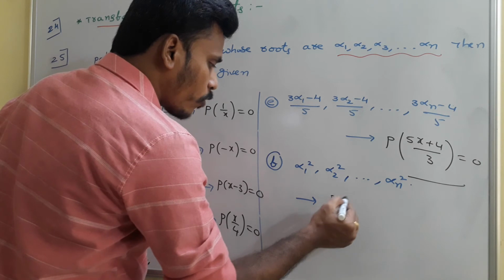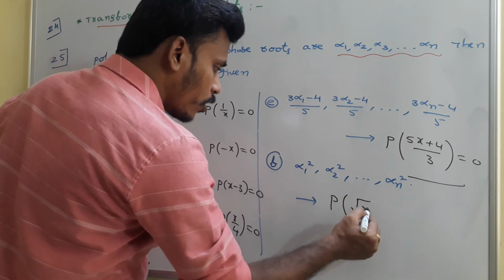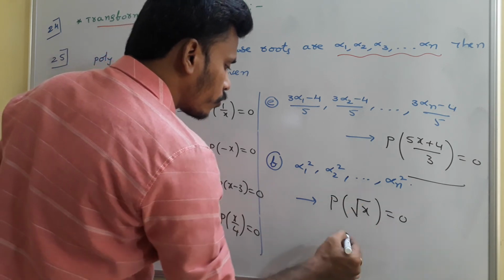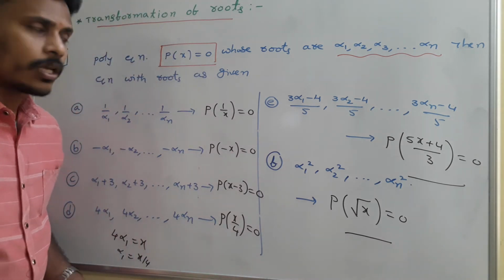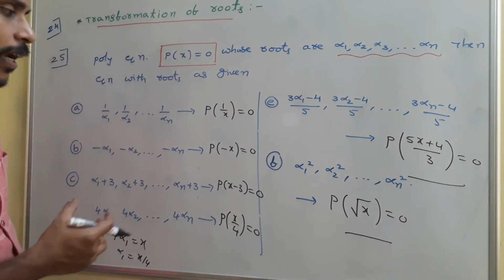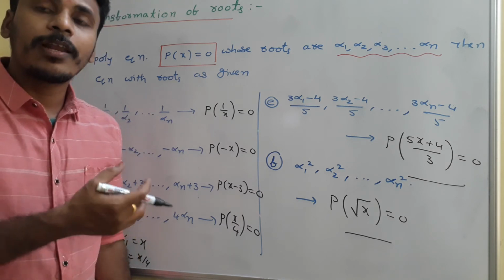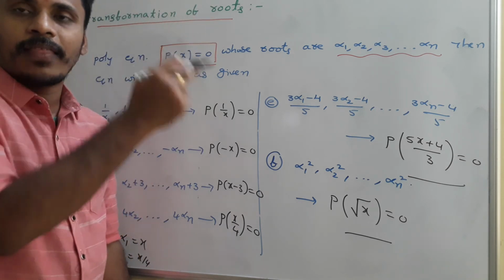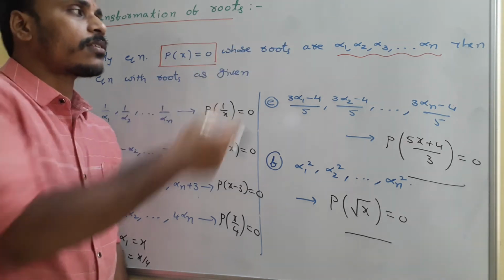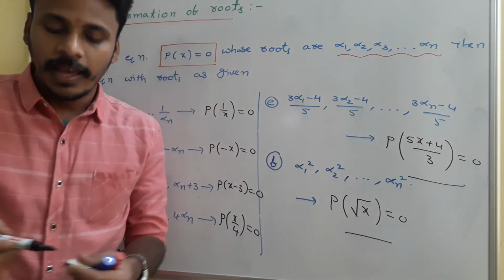So replace x of the given equation with this root x. So p of root x equals 0 is the required equation. So this is the general way of finding equations whose roots depend on another given equation whose roots are some alpha 1, alpha 2 and so on alpha n. Have a look.